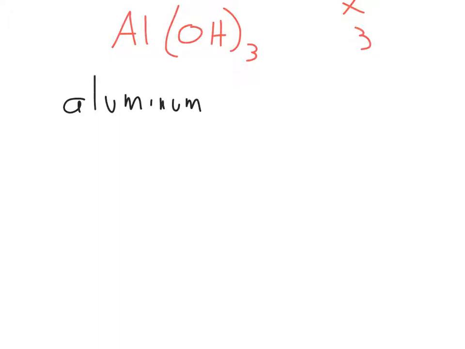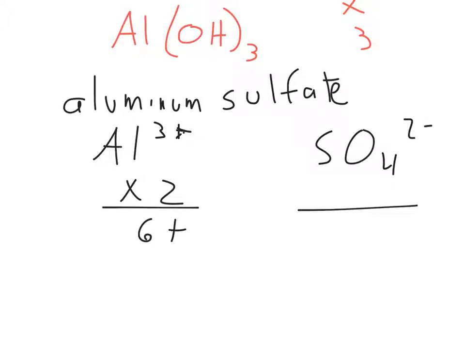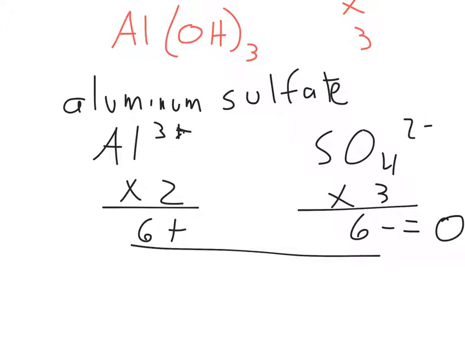Okay, aluminum hydroxide. In another example, like this one, in which we have aluminum sulfate, we'll need to know that the sulfate has 2 negative charges and the aluminum has 3 positive charges. Okay, so the aluminum, which has 3, I have to use with a subscript of 2, in order to have 6 positive charges, and the sulfate that has 2 negative charges, I'll have to multiply by 3 to have 6 negative charges and have a net charge of 0 for the compound.